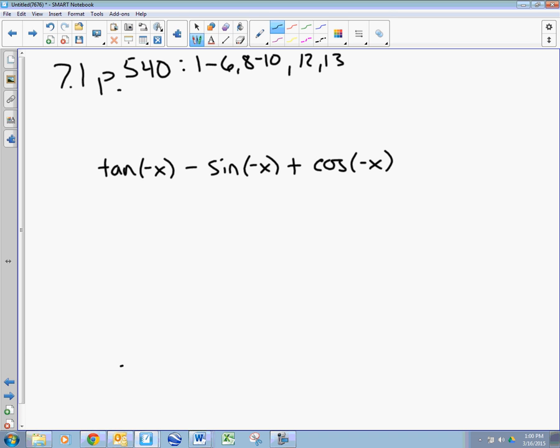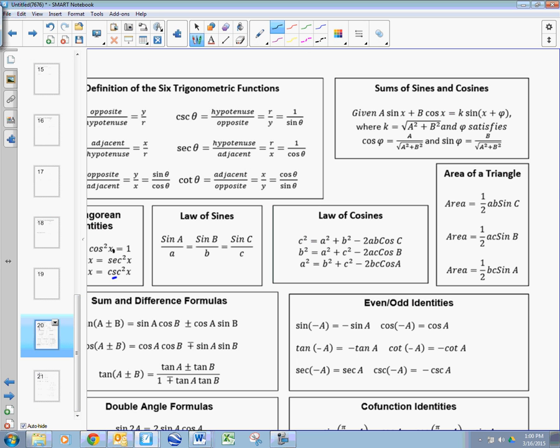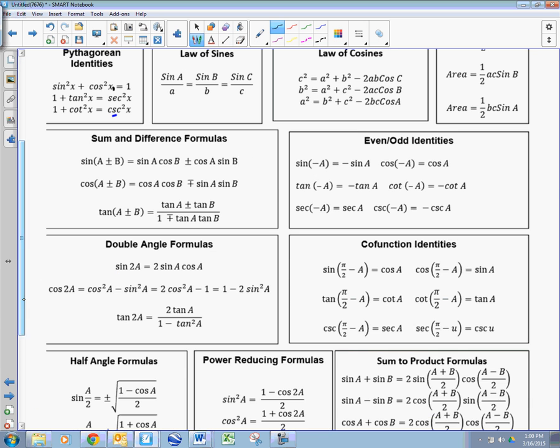And I want to quickly show you one last example. What do you notice is different about this problem compared to the ones we did? There's negative angles. And if you look at the other sheet that we were using, it has these negative angles. They're called even and odd identities. And the deal is in trigonometry, we never leave a negative angle.